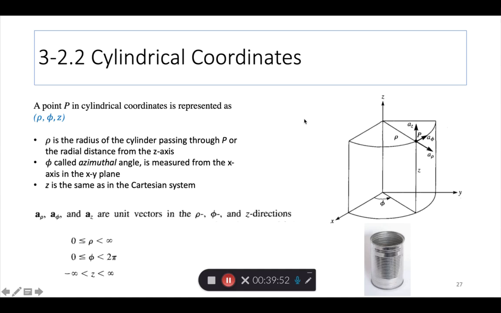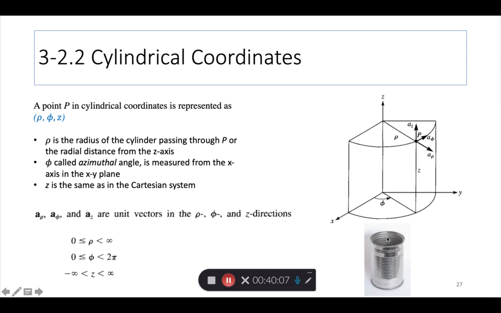So what is the significance of this rho, right? So we have the same point P, and rho is the distance from the z-axis, right?